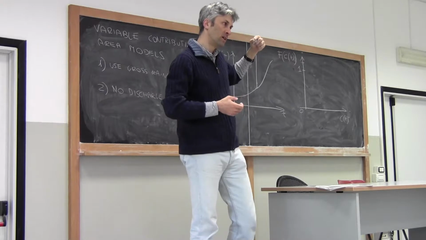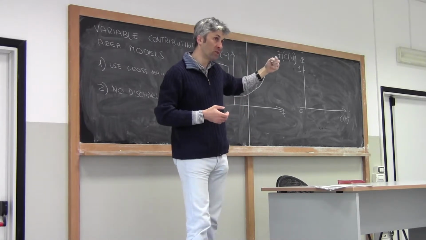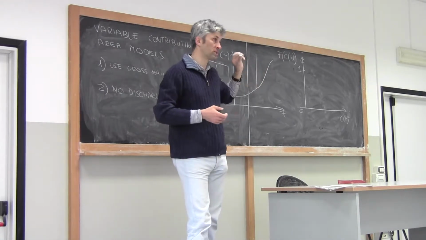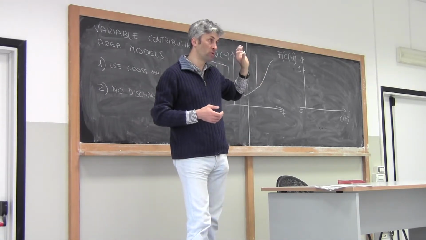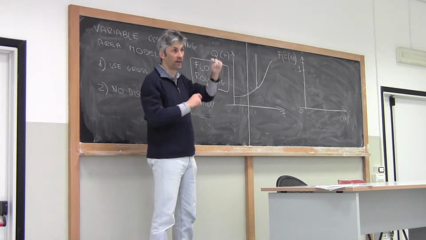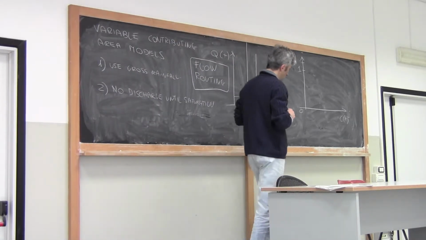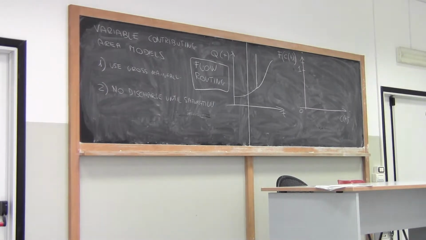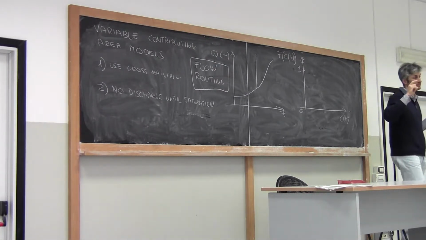Instead, I am talking about a volume per unit area. So when I say in this case water storage, I mean a volume per unit area, so a height. So C is again the water storage, not rainfall, water storage in the areas that are not saturated.